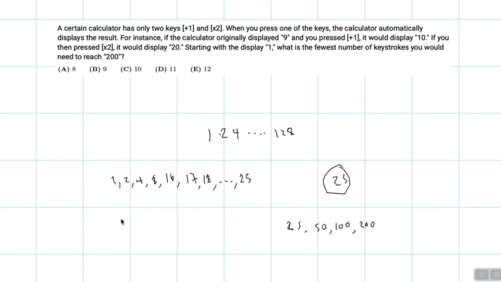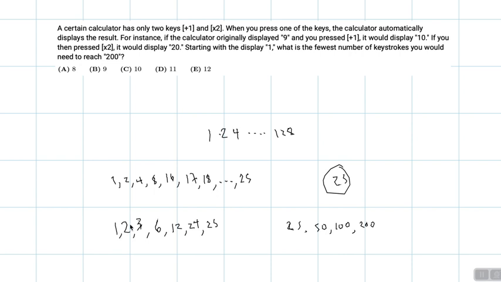If you play around with this a little, you'd find that the most efficient way is, we just need to get to 3. So you could do +1 +1 to get to 3, and then start multiplying by 2. So 3 times 2 is 6, 6 times 2 is 12, 12 times 2 is 24. We're basically right at 25, just do +1 here.